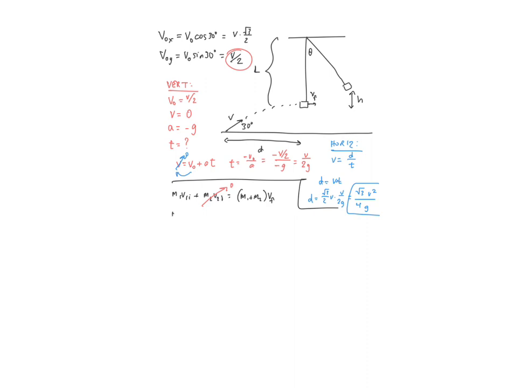M1, the mass of the dart, is just m, and its initial velocity right before the dart hits the block is that horizontal velocity, the v times root 3 over 2, and that's equal to, now on the other side, this combined mass is going to be m plus 5m, which is 6m, times that vf, which is what we're looking for.